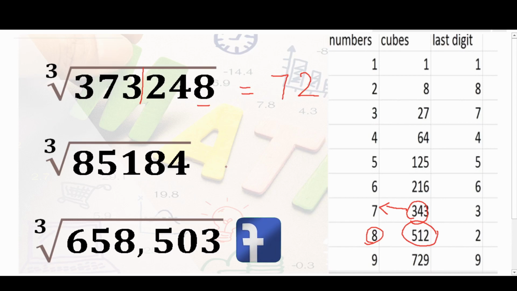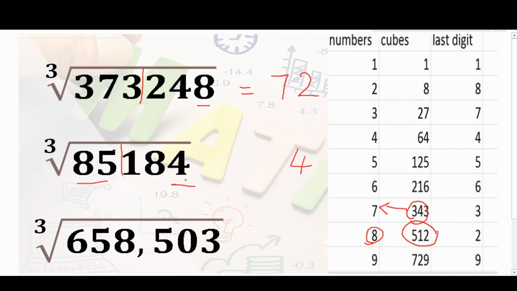Next, we need to find the cube root of 85,184. Step number 1, what is the unit digit? You have 4. If it is 4, what will be in its units place? It will be 4. Then discard the last 3 digits.